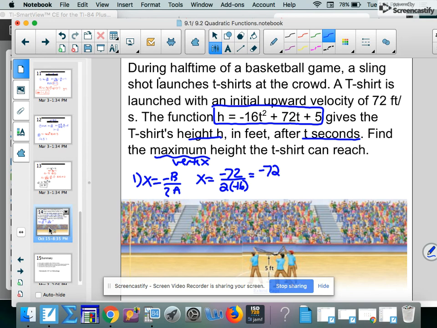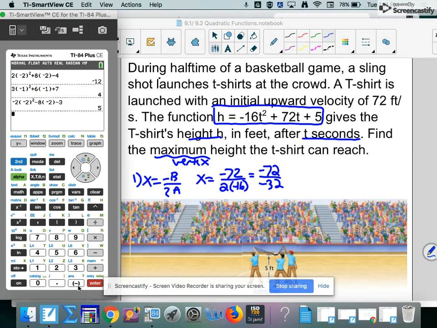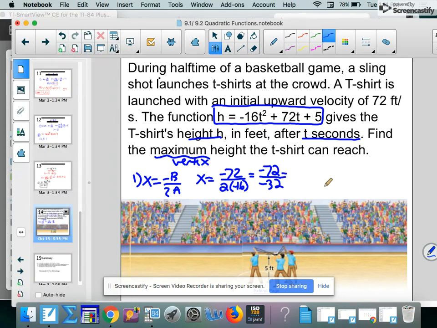So -72 divided by -32. I don't think that's going to turn out nicely. -72 divided by -32 gives you 2.25. Not terrible. In this case, x is t though, so that means our time is 2.25.